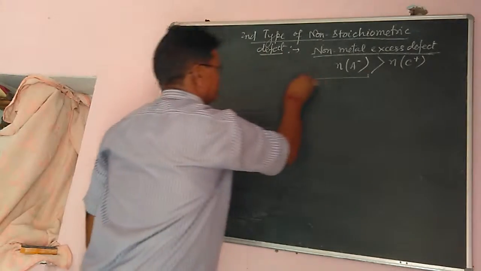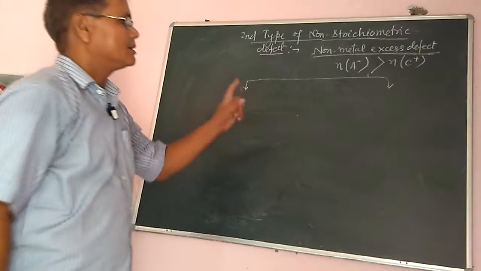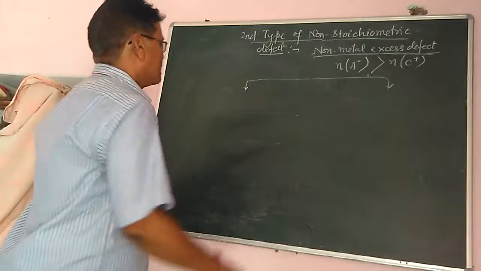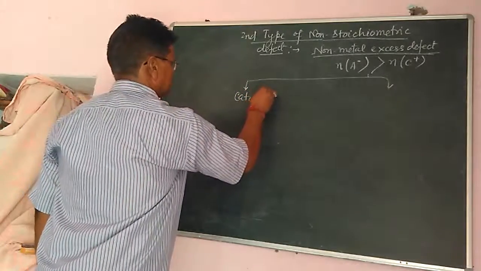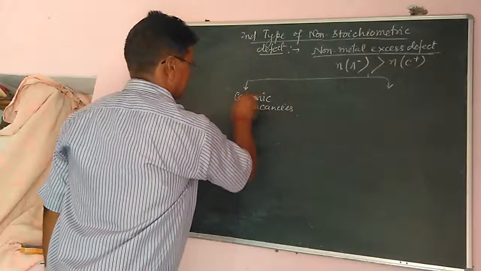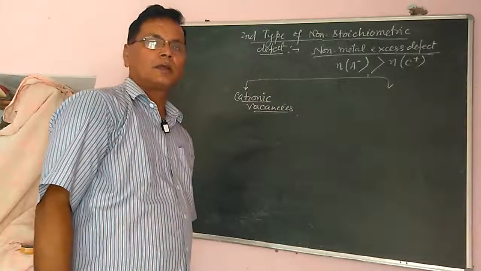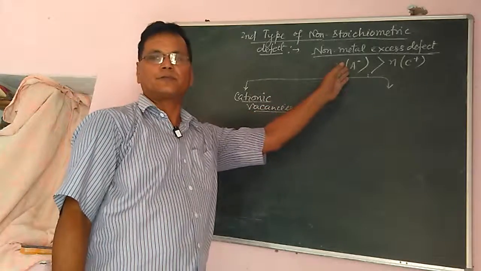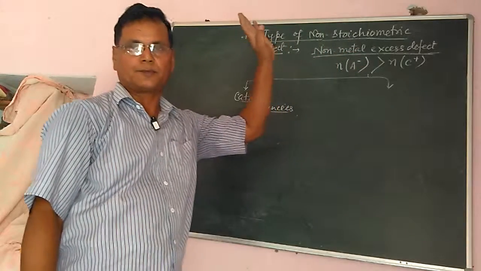So it can be possible in two ways. One is cationic vacancies. It means cations just leave their sites. If cations leave sites, the number of anions will increase. So that will cause the non-metal excess defect.